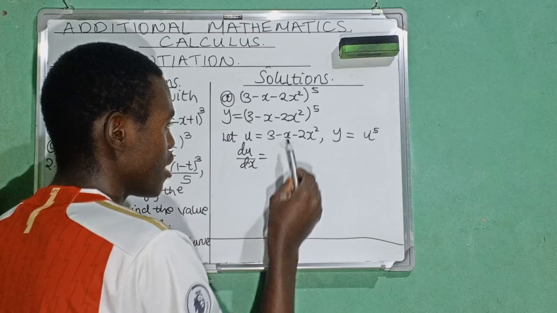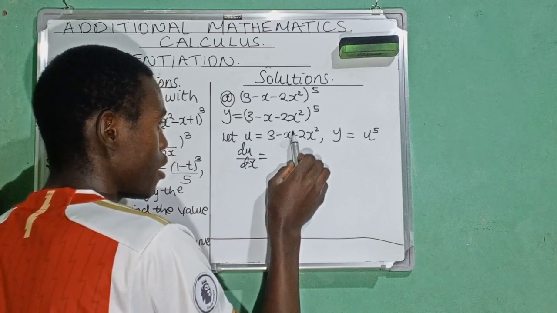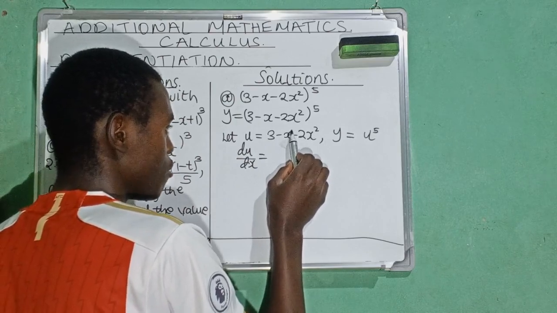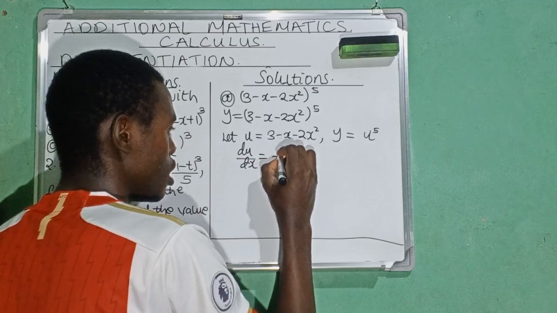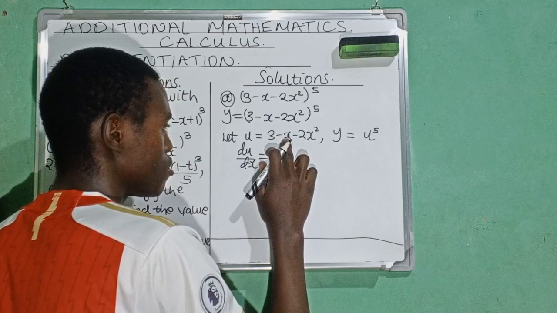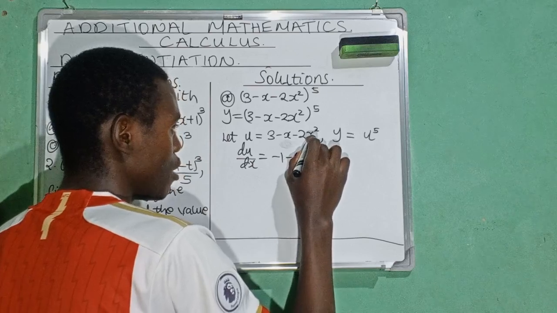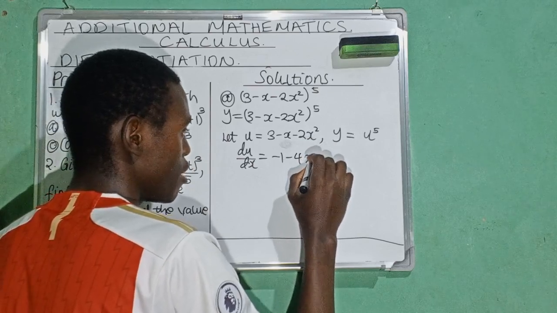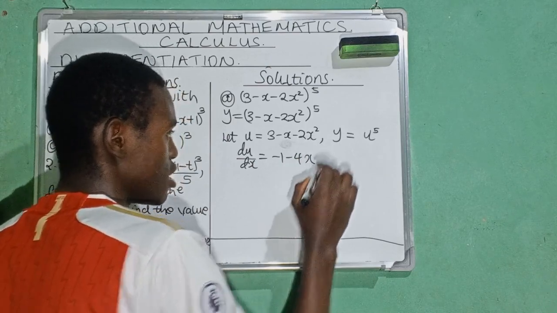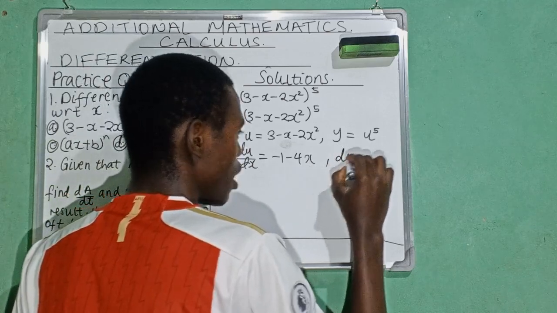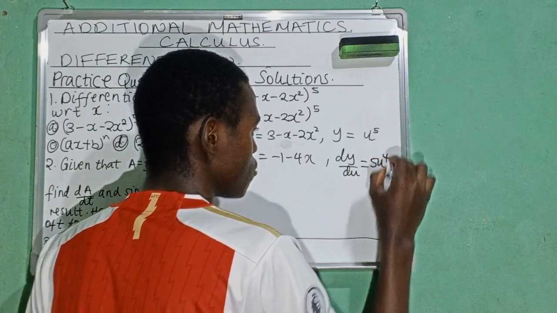There is no power you can see with your eyes, but there's a power 1, so if there's a power 1 on a variable, just get the coefficient. So the derivative of this is negative 1. Then here I'm going to have negative 4. Then the x, we maintain the base and we lose 1, so power 1, we just write it like that. And then dy du will be equal to 5u to the power 4.